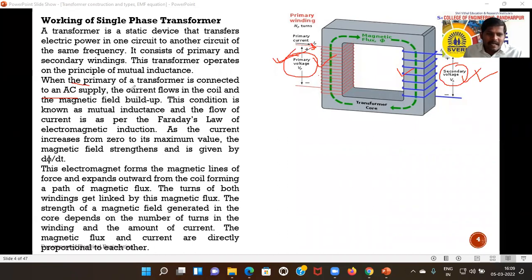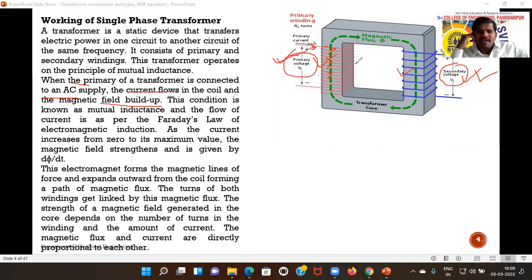See, the current flows in the coil and the magnetic field will be built up. When the current starts flowing from this coil, या coil मधून current flow start होईल, due to that current it will produce some flux. That means some flux or magnetic field will be created.